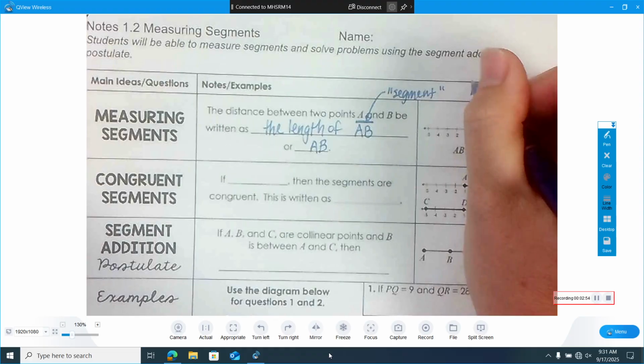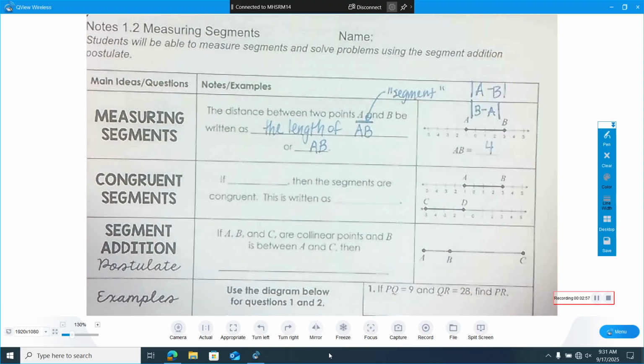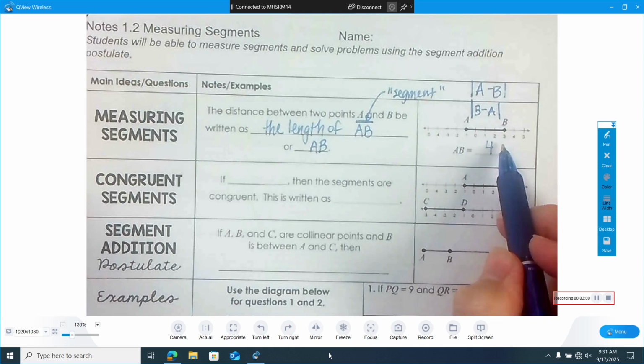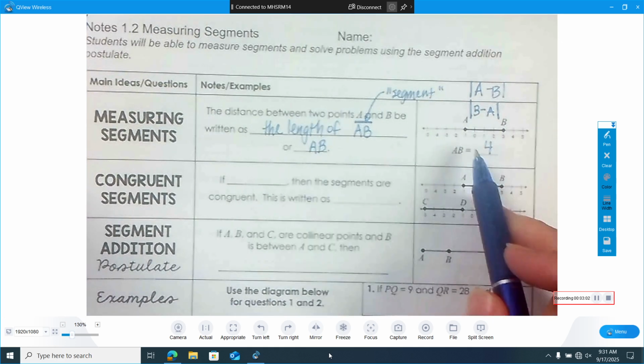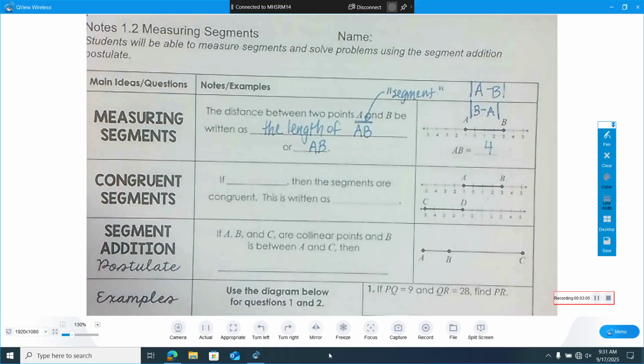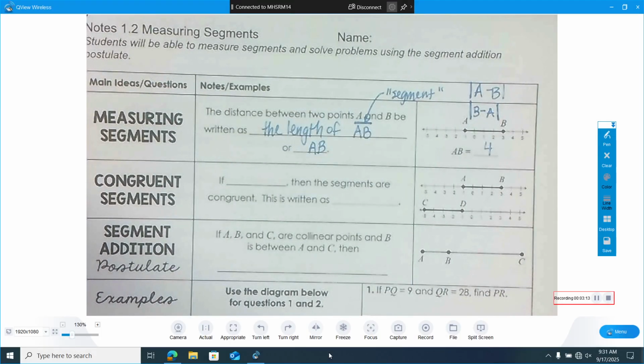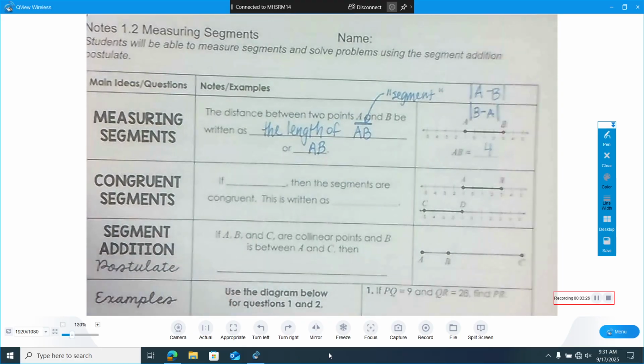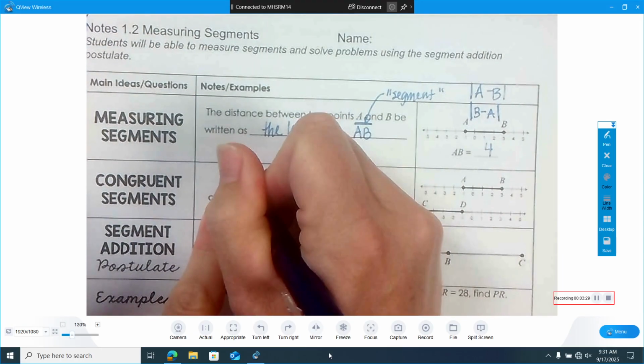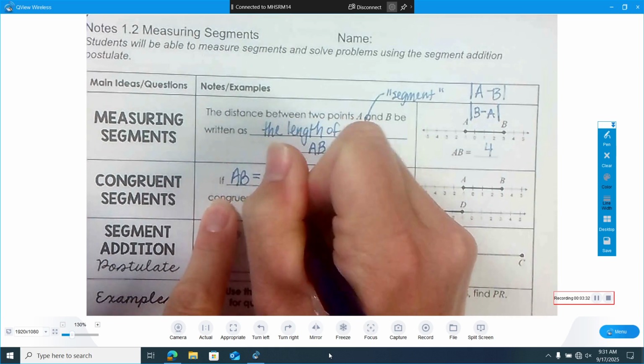So if we did point A minus B, -1 minus 3 would be -4, and then inside absolute value, it comes out as 4, which is what we expect it to be. So it's good to subtract things, and that'll give us our distances. We put it inside absolute value and we'll get a positive, which is what we want when we talk about the length or the distance of something. It should be positive.